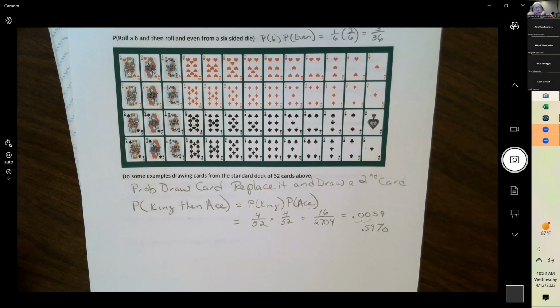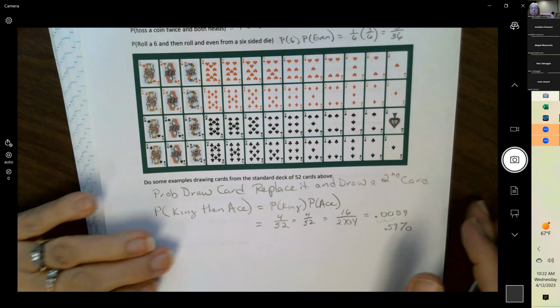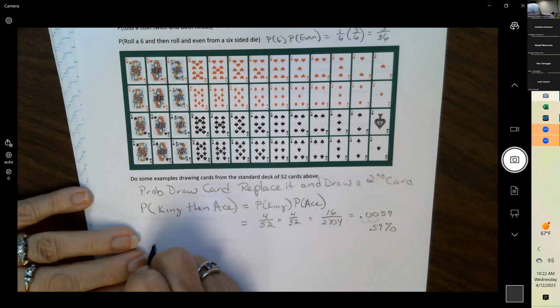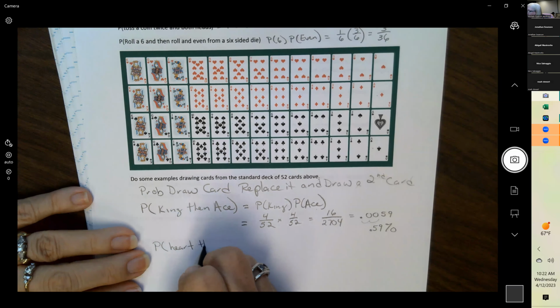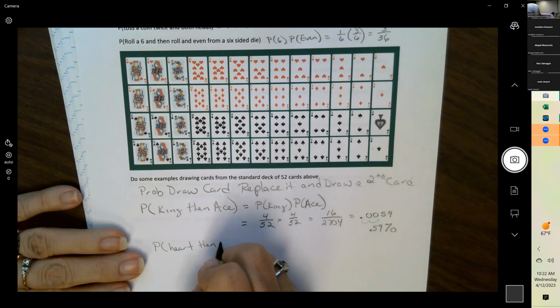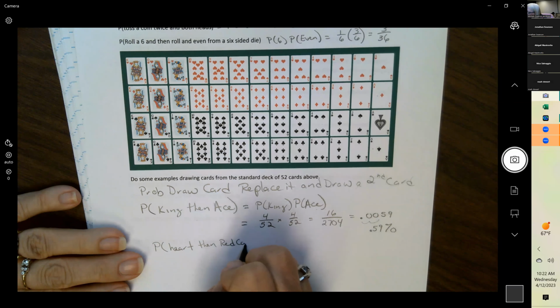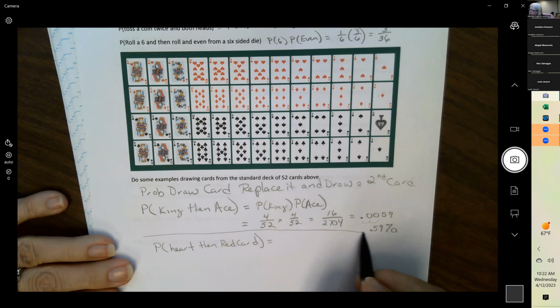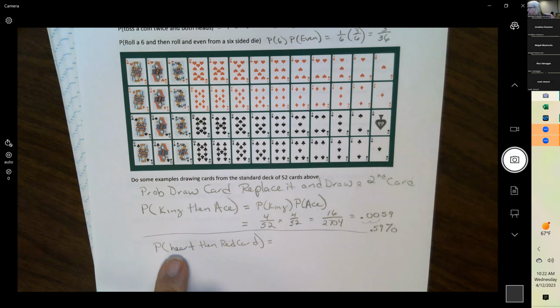Highly unlikely. So don't bet money on it. Any questions on that? Okay, find the probability that we would draw a heart, put it back, and then draw a red card.